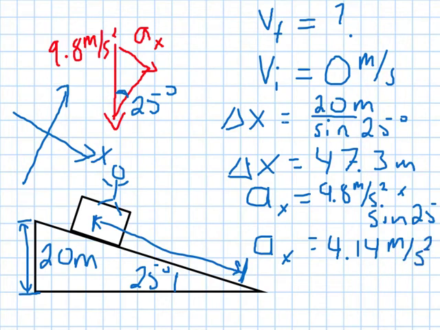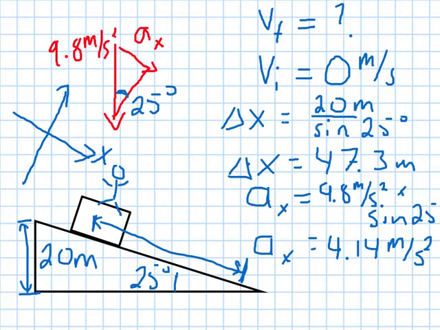All right, I think that's about all that I know. I know a v initial, I know an acceleration, I have a delta x. So it's time to decide what kinematics equation I'm going to use to solve this problem.